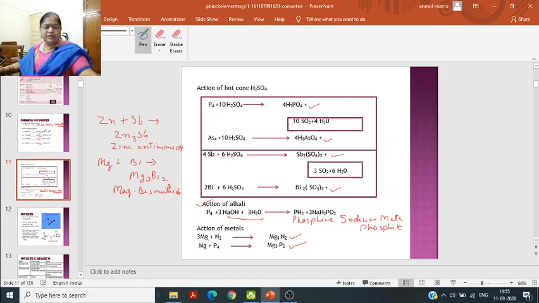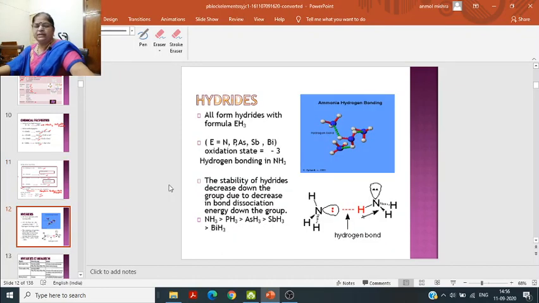Likewise, these non-metals combine with metals to form binary compounds. Next, these elements can form hydrides. Now, what are hydrides?